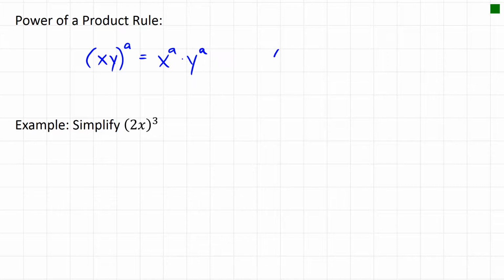Or if we happen to have a longer product like x, y, z, it doesn't matter how many things you throw in there, each thing in the product gets that power. That's the power of a product rule.